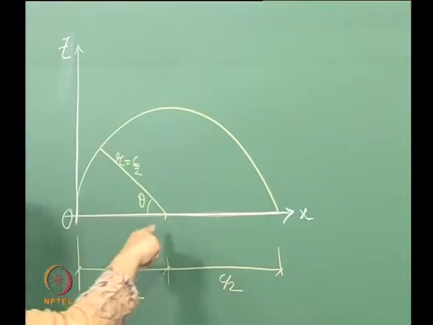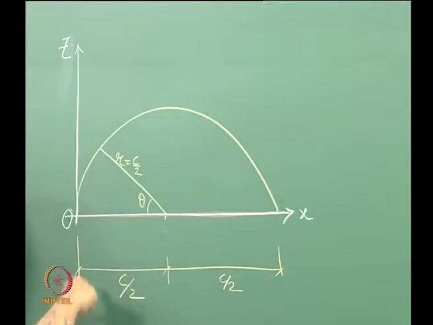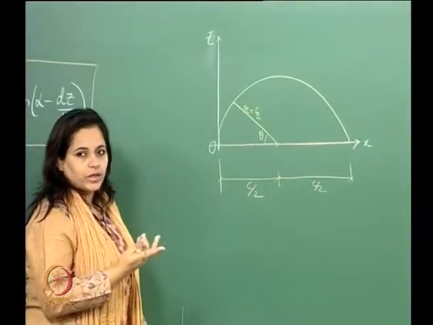So I am basically taking the center of this and drawing a circle, a half circle rather, of radius c by 2.